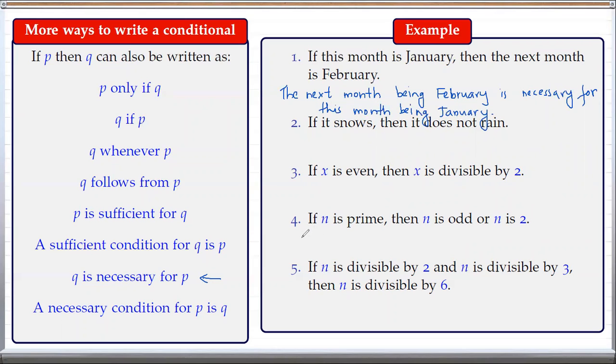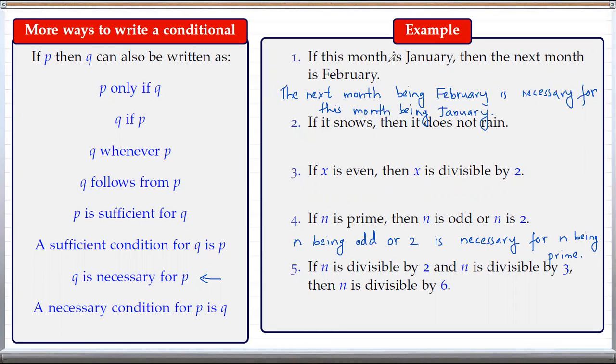I can say n being odd or 2 is necessary for n being prime. And you can try the other three statements also.